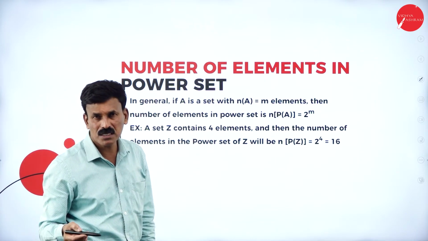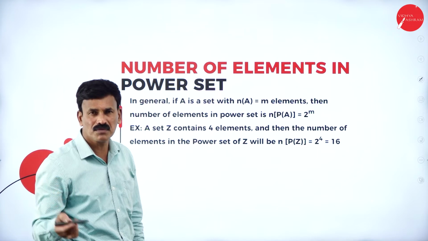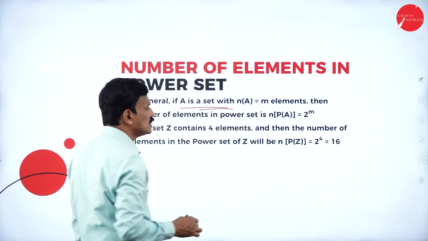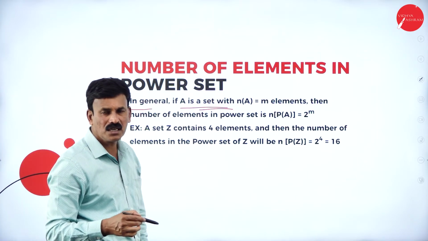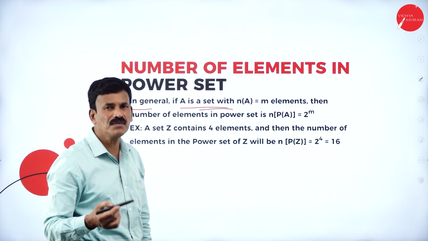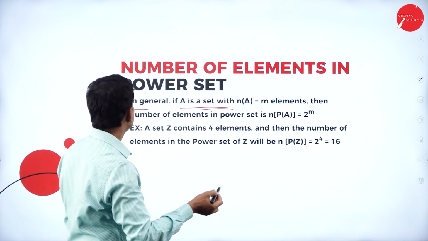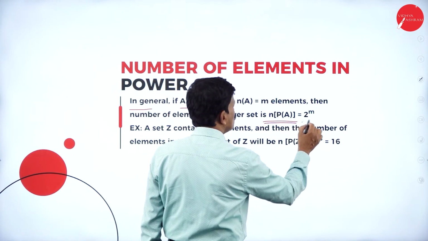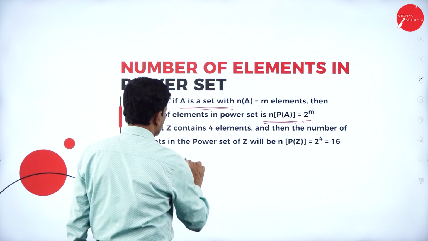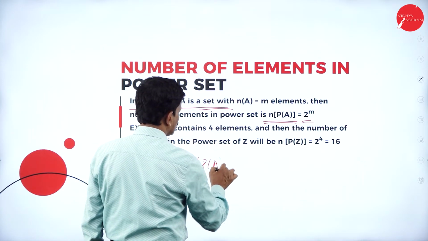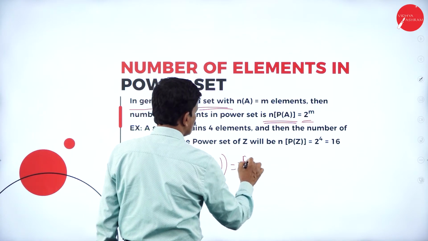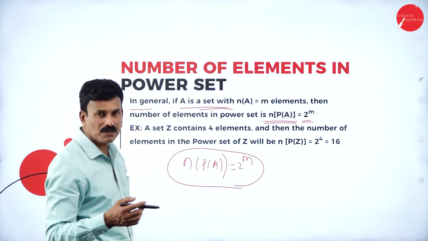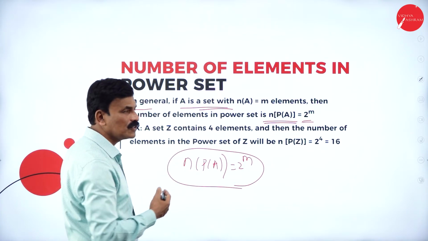In general, if a set A contains m elements, that is, the number of elements in set A is m, then the number of elements in the power set, n of P of A, is equal to 2 to the power of m. So, 2 to the power of m sets will be there in the power set.